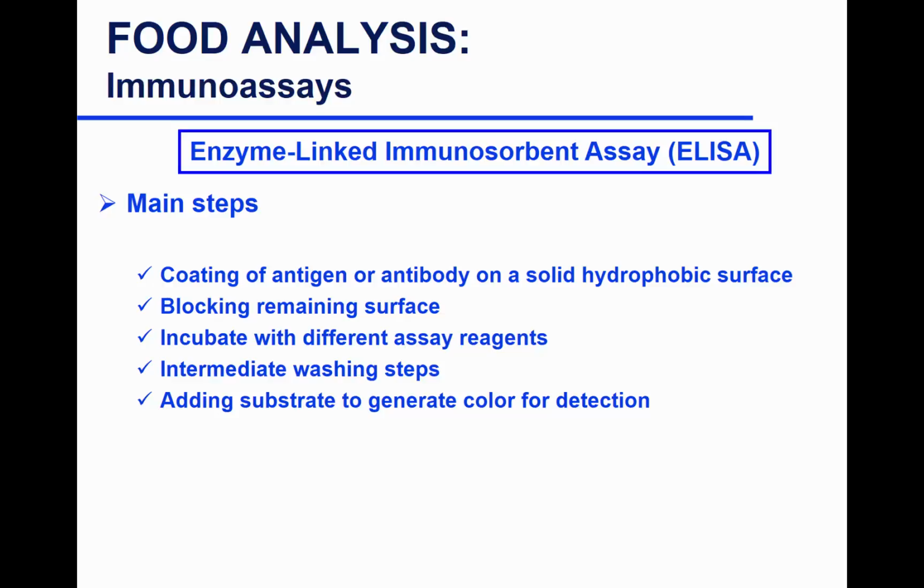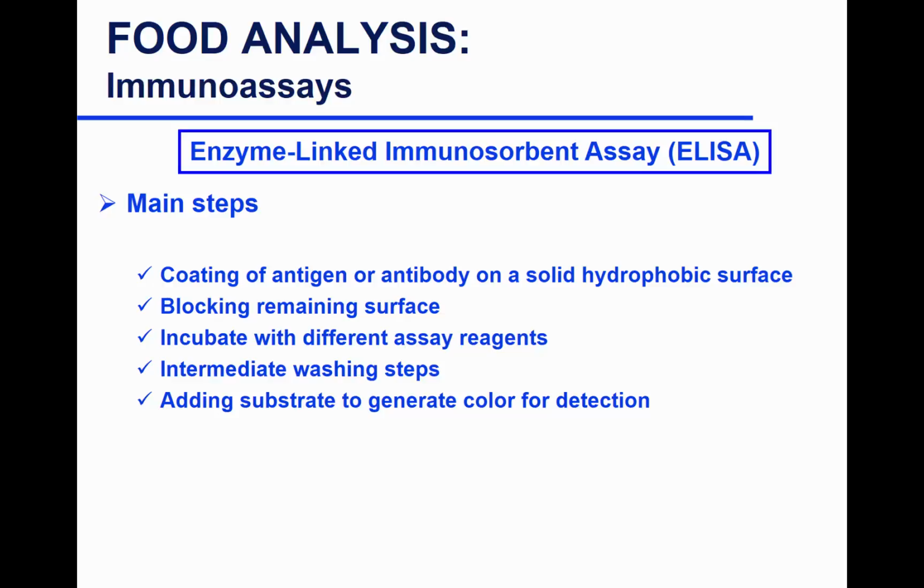Oftentimes in ELISA they use bovine serum albumin protein, or they use gelatin protein, very common to use, and block these sites so that your antibody only reacts via specific interaction to your antigen and will not interact non-specifically with anything else. Okay. So that's the importance of blocking.